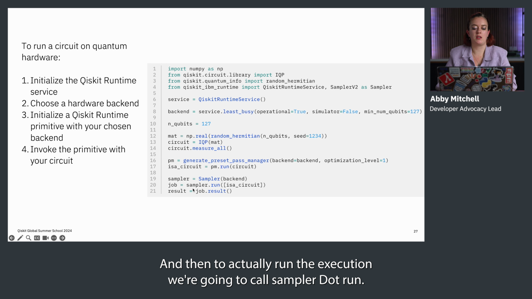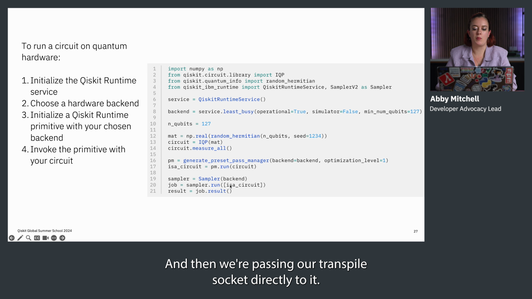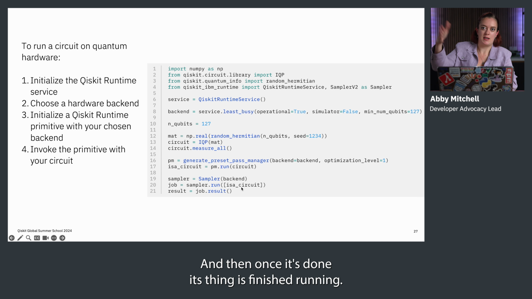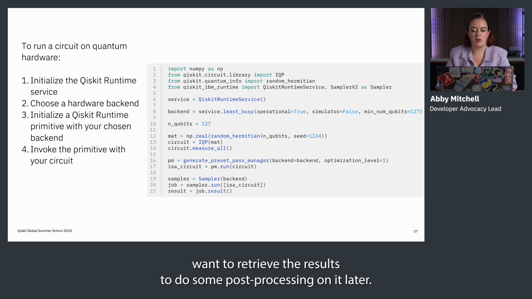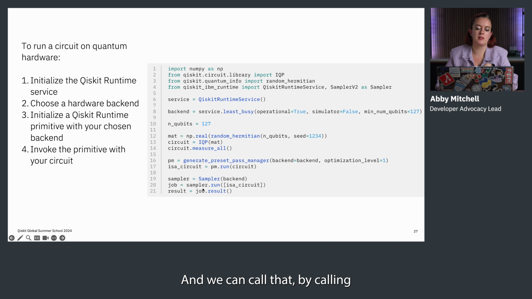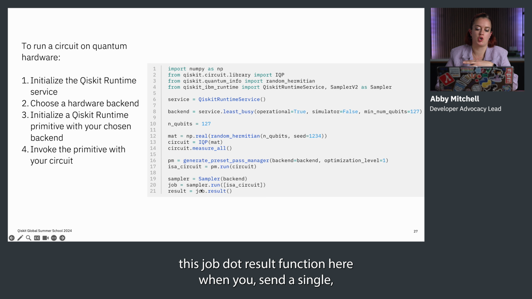And then to actually run the execution, we're going to call sampler.run, and then we're passing our transpiled circuit directly to it. And once it's finished running, we might want to retrieve the results to do some post-processing on it later. We can do that by calling this job.result function here.